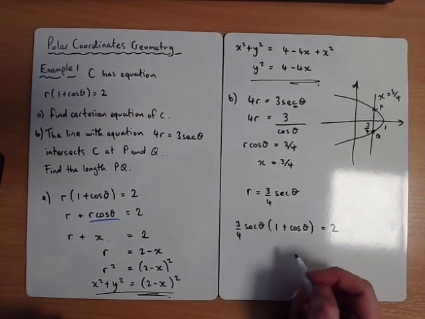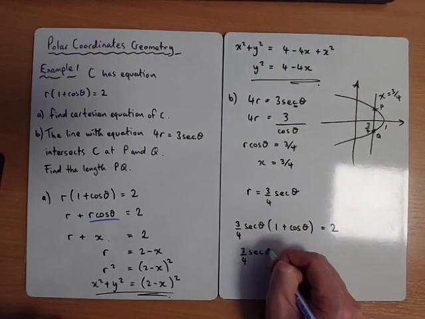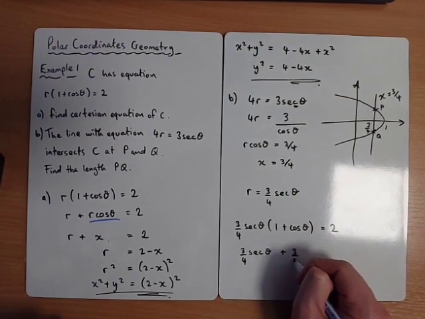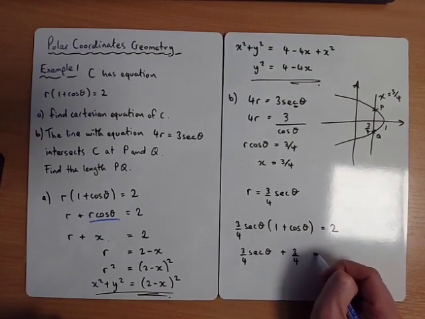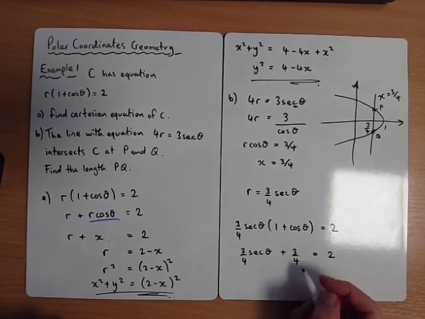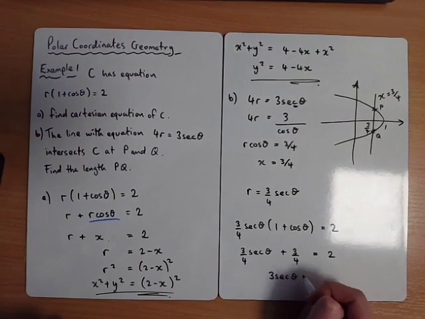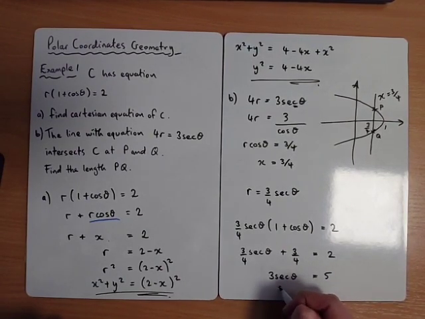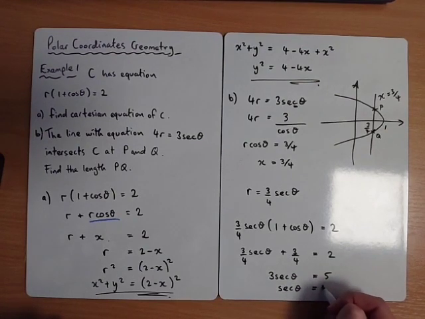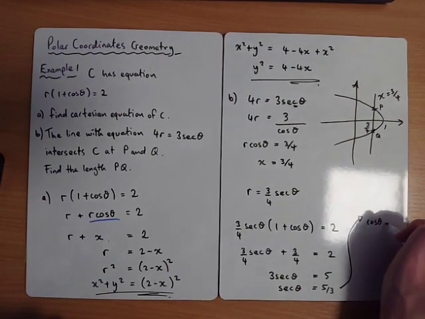Sec we know is 1 over cos, so we'd have 3 over 4 sec theta plus 3 over 4. When we do sec times by cos, it's like 1 over cos times by cos, so that would cancel. So rearranging this, let's multiply everything by 4, 3 sec theta. Multiply by 4, that would be 8, and then subtract 3, so that would equal 5. So we've got sec theta equals 5 over 3. Cos theta would equal 3/5.